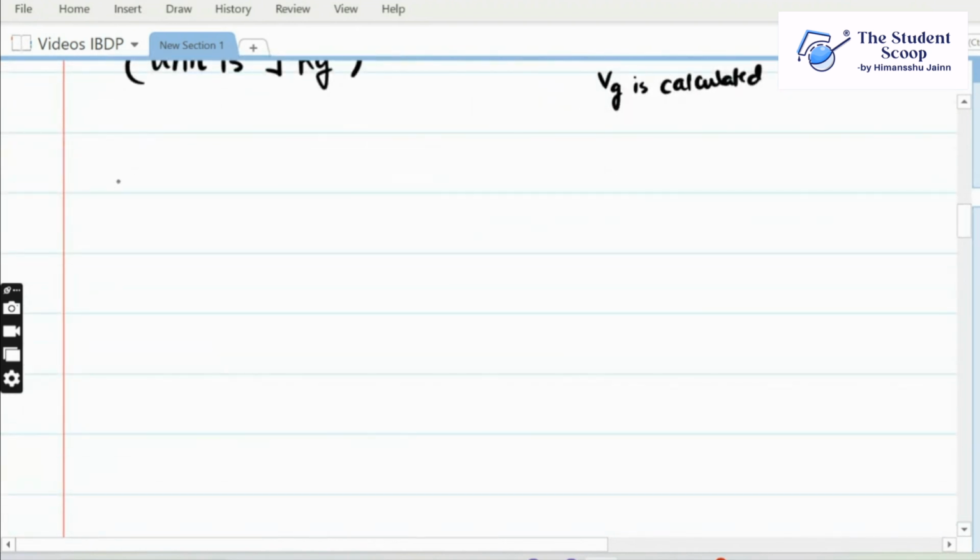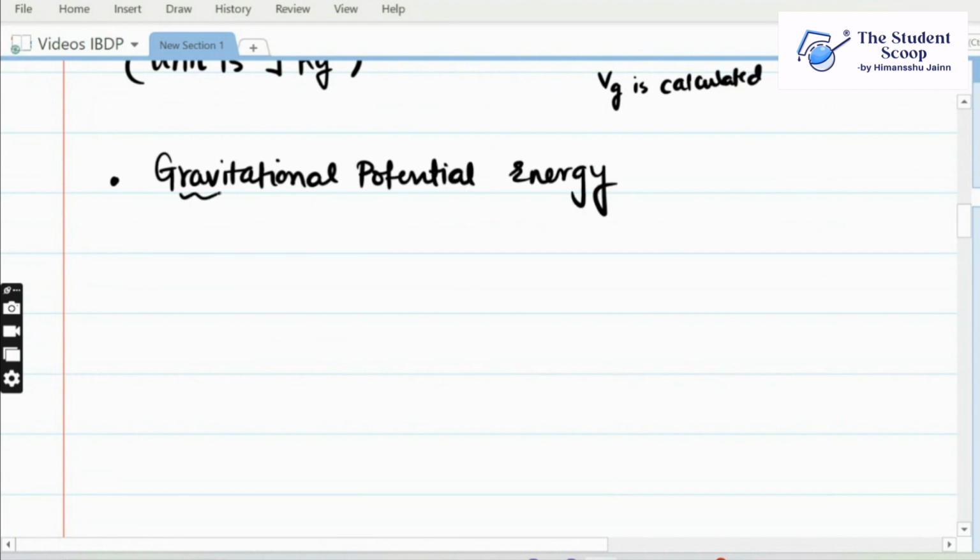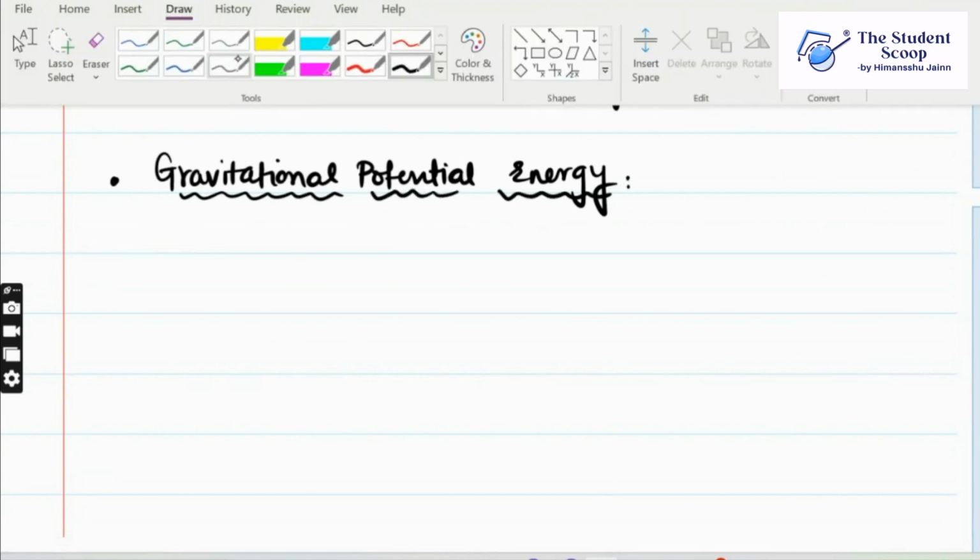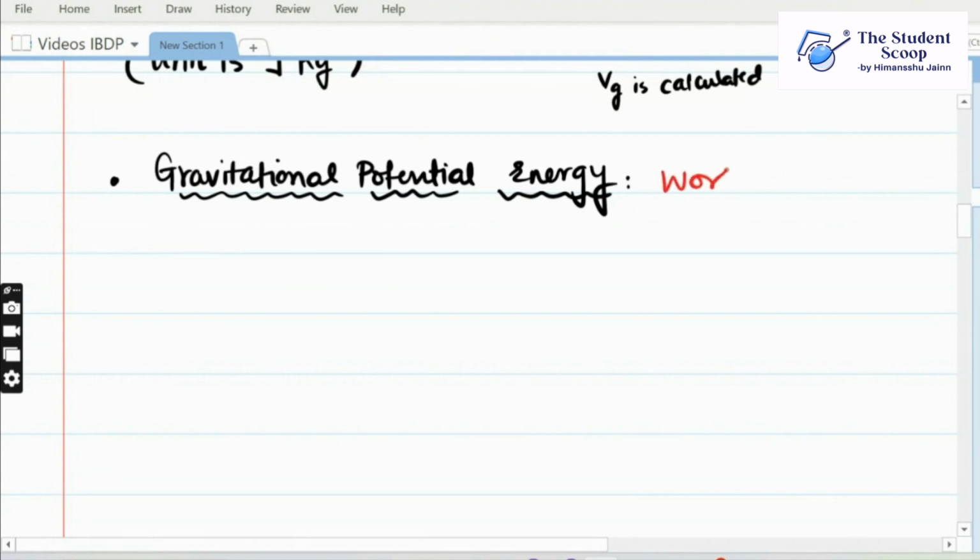Along with gravitational potential, we immediately introduce gravitational potential energy because they have almost similar meaning. So, what is gravitational potential energy? As the name suggests, it is work done, something related to energy. It is the work done to move a mass from infinity to a finite position.